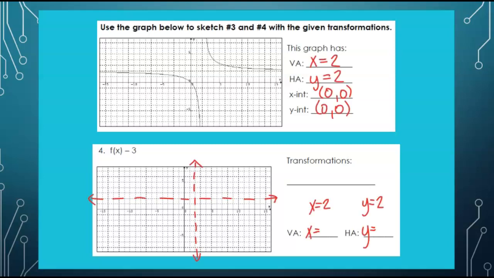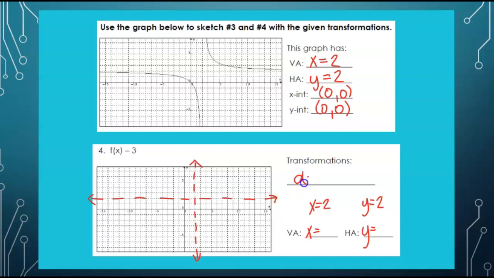Okay, so drawn on the board are the asymptotes from the original function, and then I went ahead and wrote the vertical and horizontal asymptote equations so we can manipulate them based on the transformation. So the transformation, think about what kind of transformation occurred. Faith, what kind of transformation occurred here?